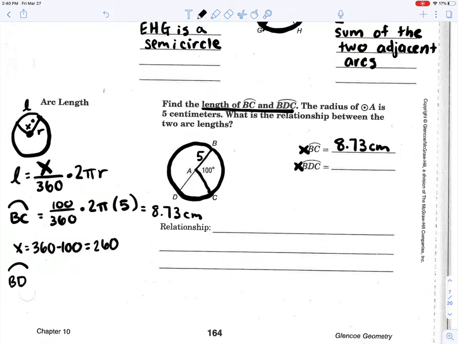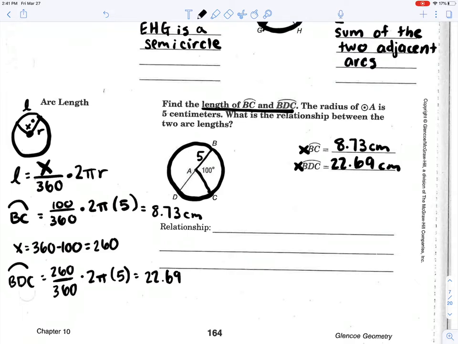So I can say arc BDC is 260 over 360 times 2 pi times 5. And I find that to be 22.69. But I could have solved that a different way.